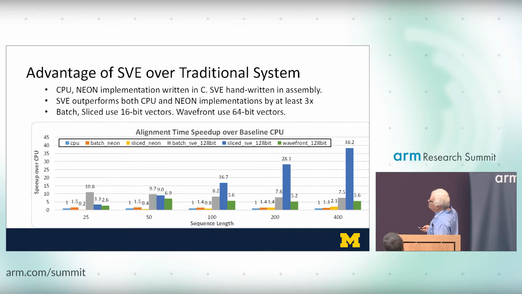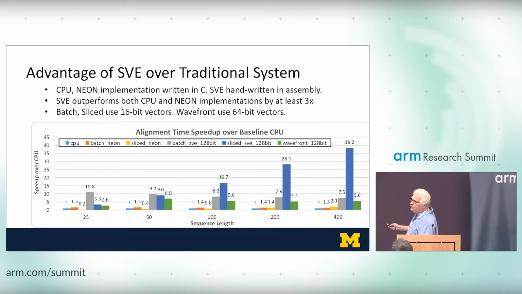This is the speed up over the CPU. The little blue thing, which is that 8-issue ARM CPU running at 1 gigahertz, if there is such a beast, is 1 on all of these. Then we looked at the thing running on the neon, so these 2 are batch neon and slice neon.